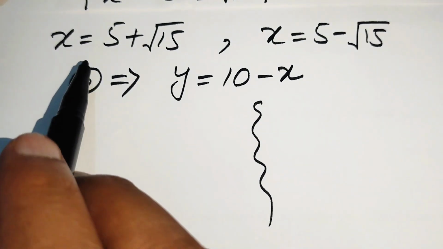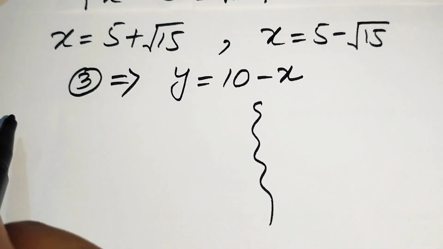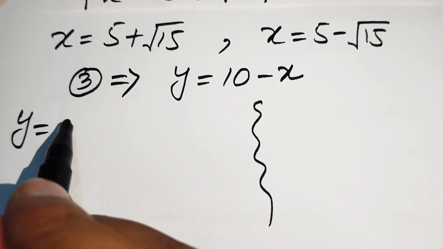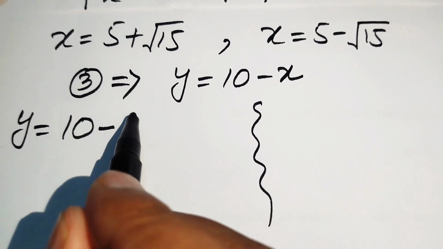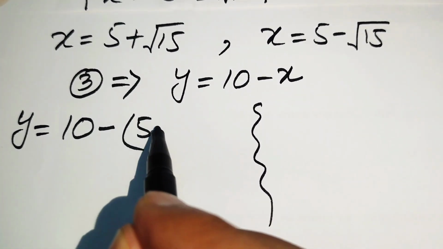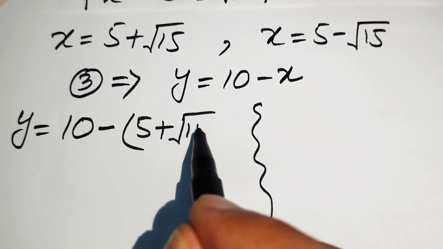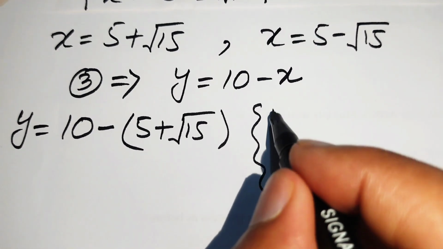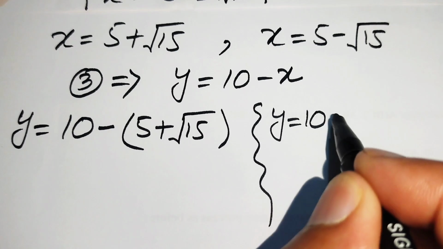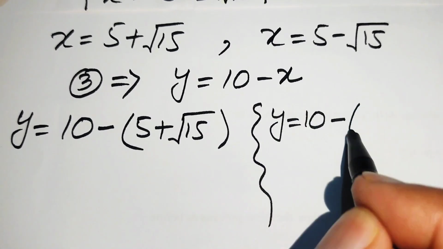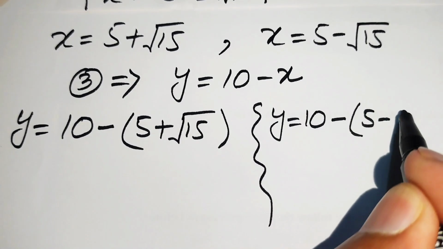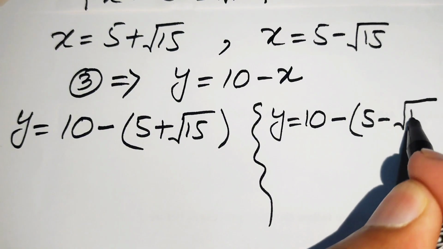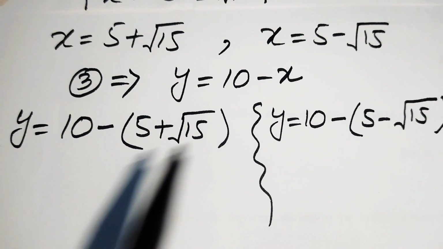First we substitute this value here and it will be written as y equals 10 minus x, and the value of x is 5 plus square root of 15. Similarly, in this case we have y equals 10 minus x, and the value of x is 5 minus square root of 15.